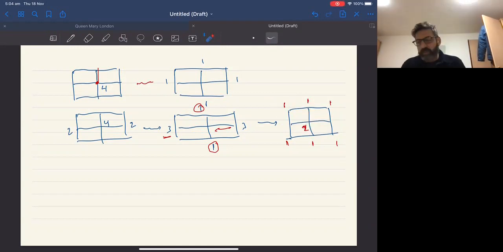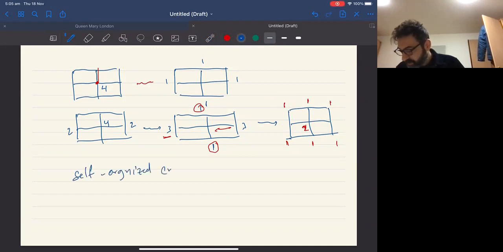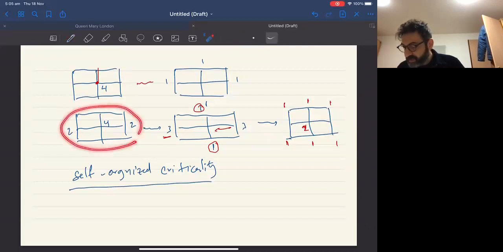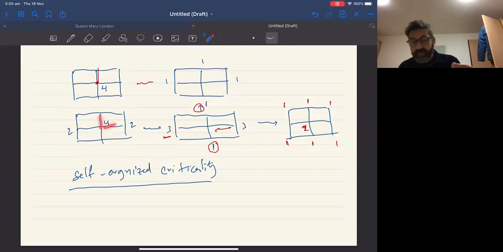Now where does this come from? First of all, there is a terminology for this model. It's called self-organized criticality. So what does this mean? It means that if you have a system like this, and there are these grains of sand or chips or objects sitting here, and there are more than the actual number of edges, it's going to fire. And it keeps doing this without any force from outside.